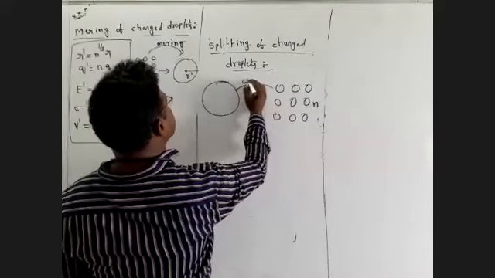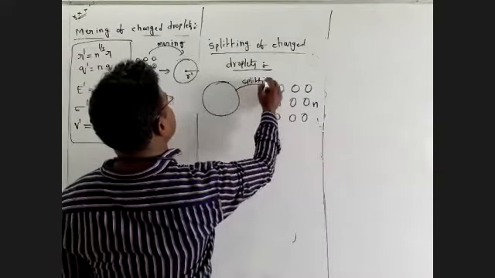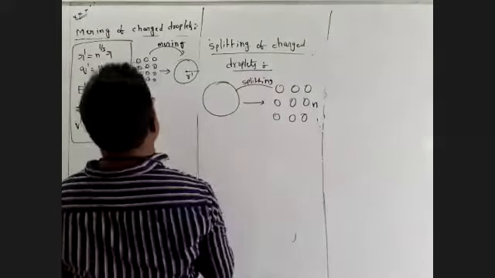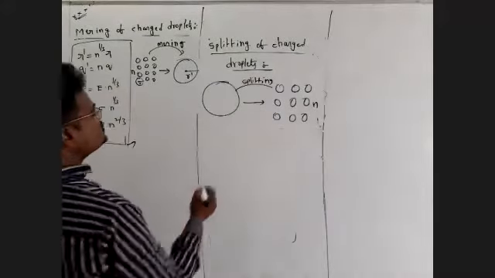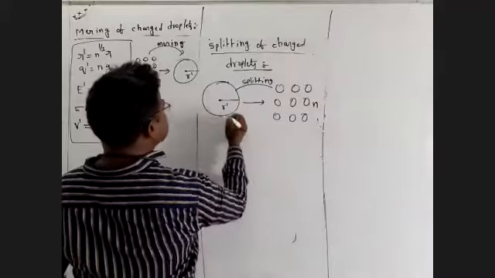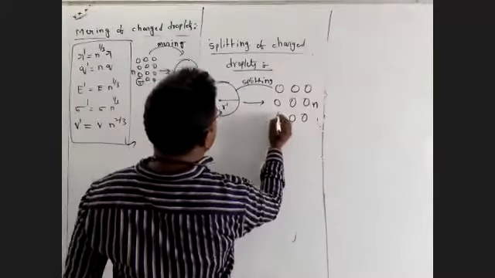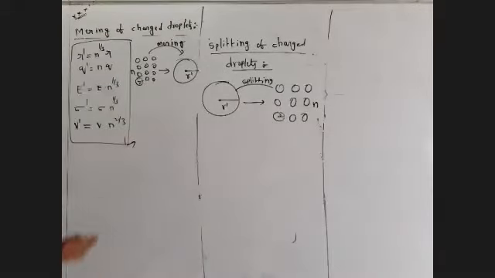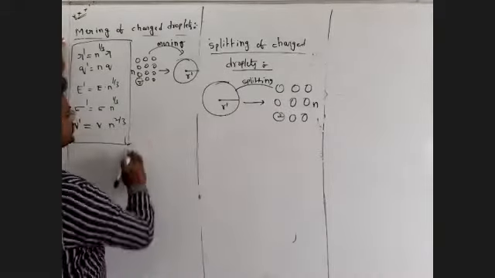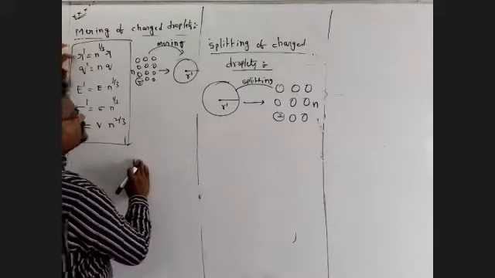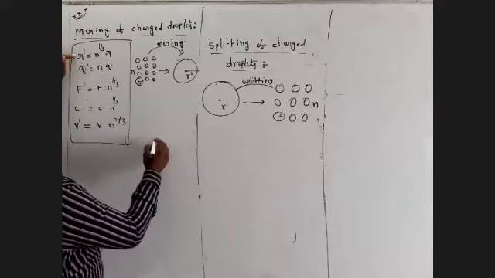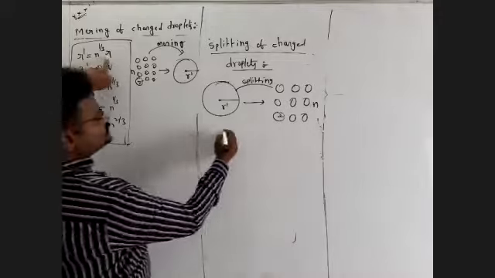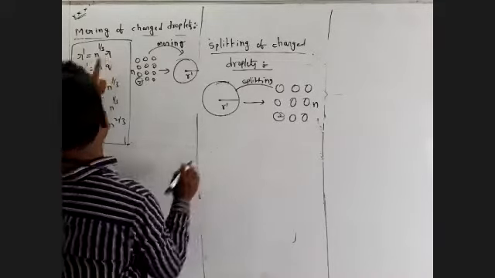This is the splitting. The radius of the big drop is R dash. For this one, what is the radius? You can write this equation in reverse. So I want R, I want R.